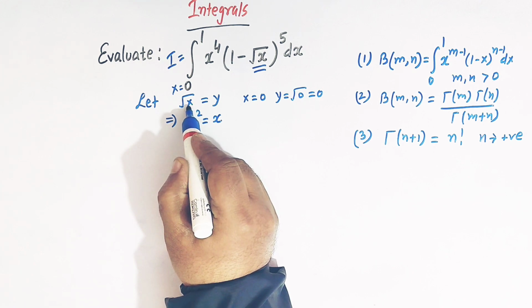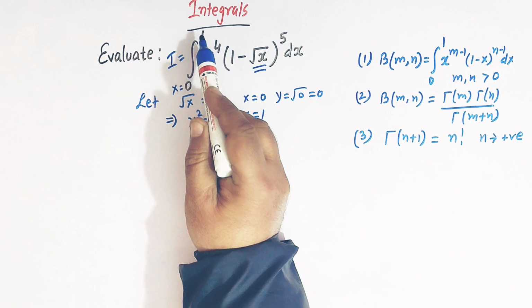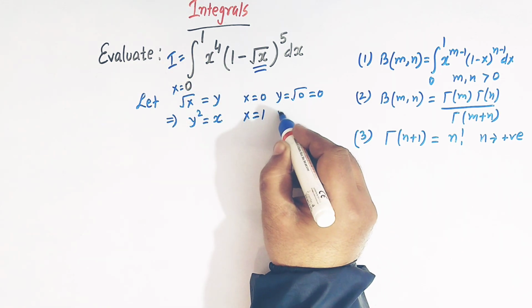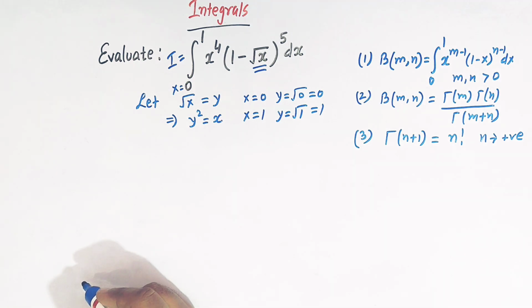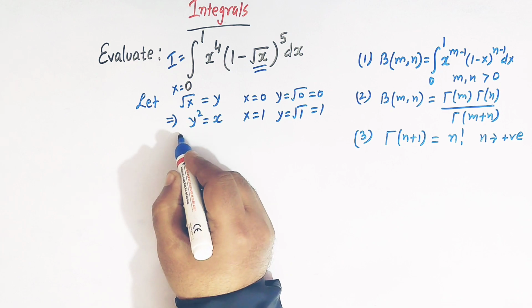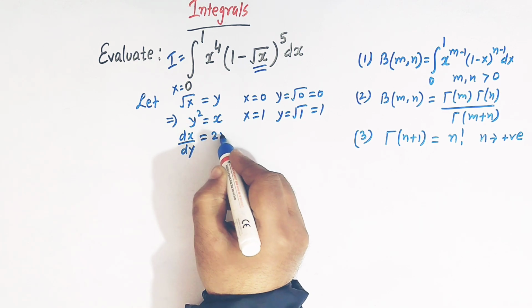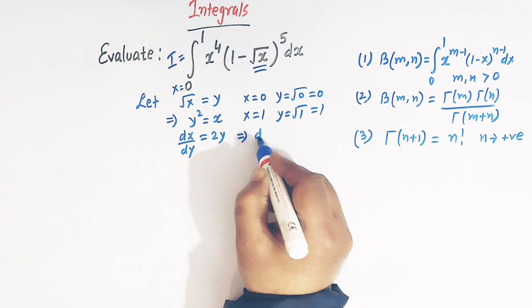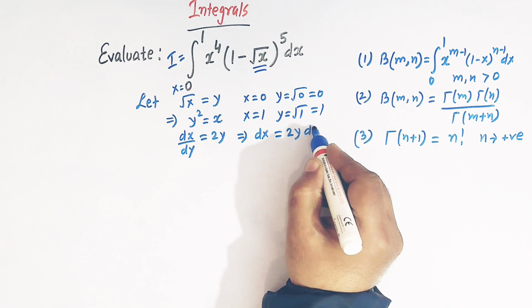And when x is 1, the upper limit, y is square root of 1, that is equal to 1. Now let us differentiate x with respect to y. So we have dx over dy is equal to 2y, that is, dx is equal to 2y dy.